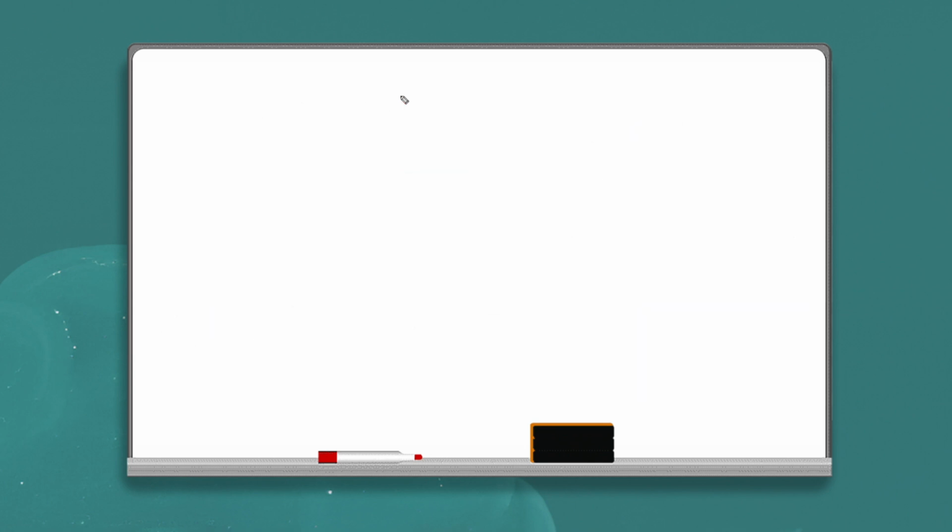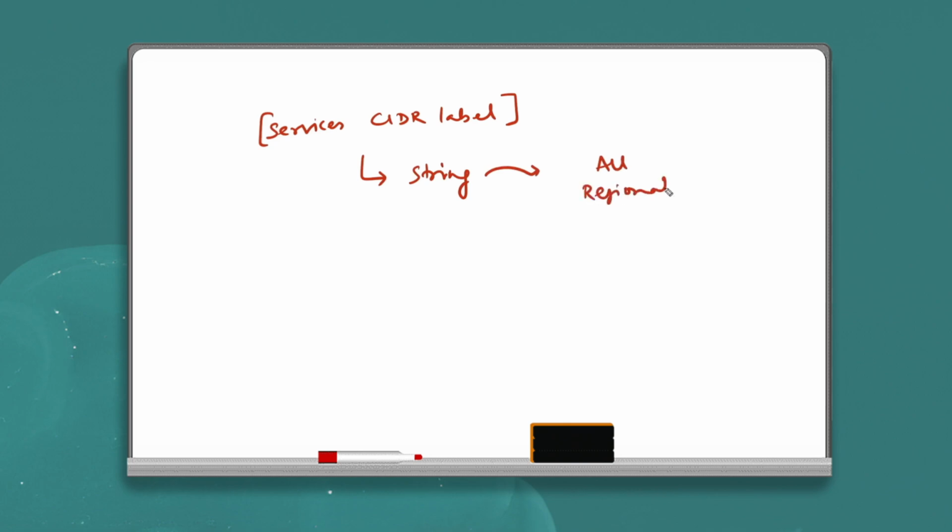Let me now talk about a concept which is known as services CIDR label. So this services CIDR label is basically a string which represents all regional public IP address ranges.